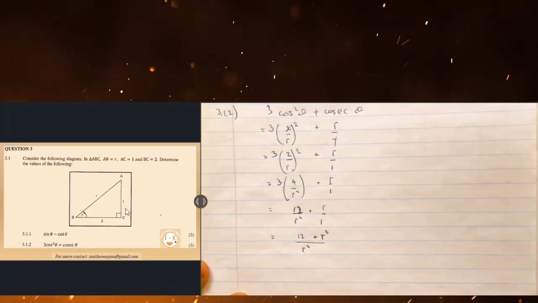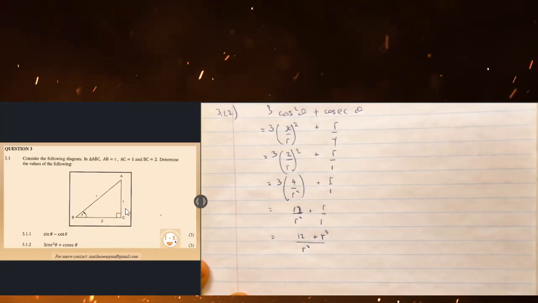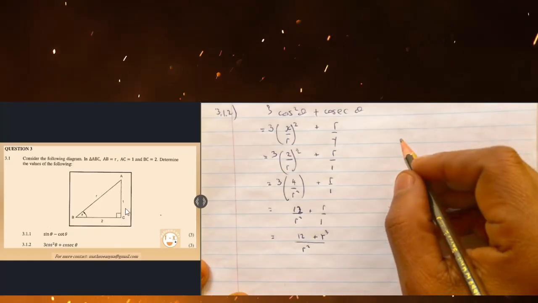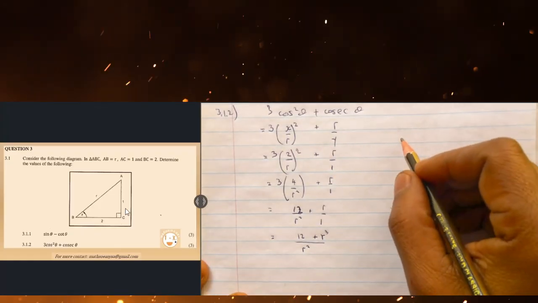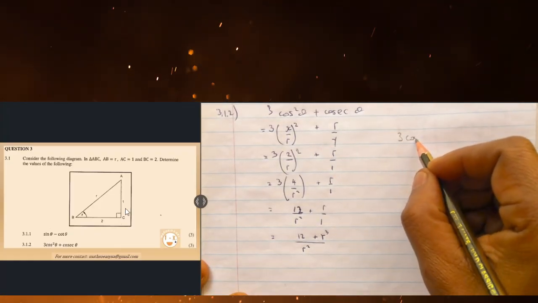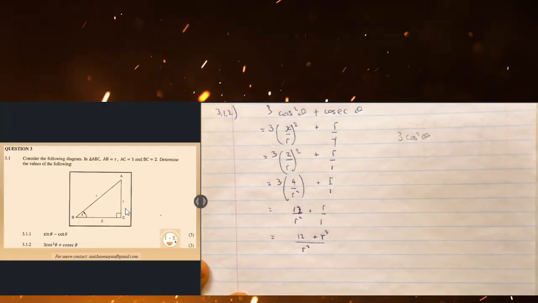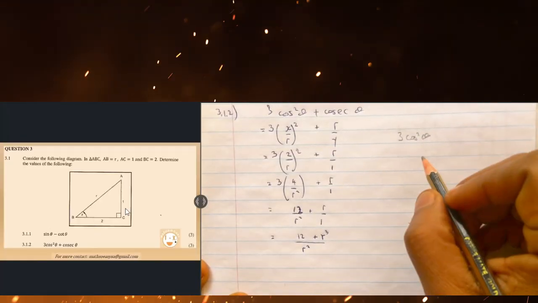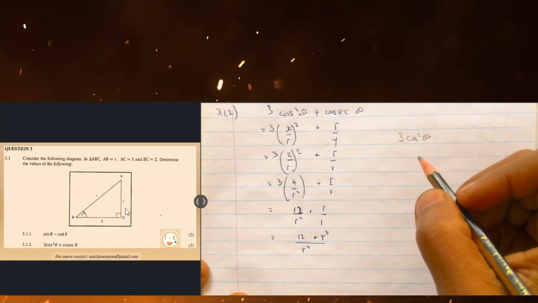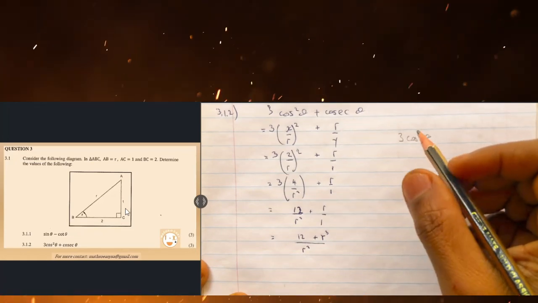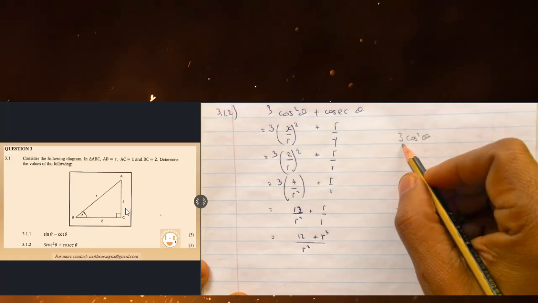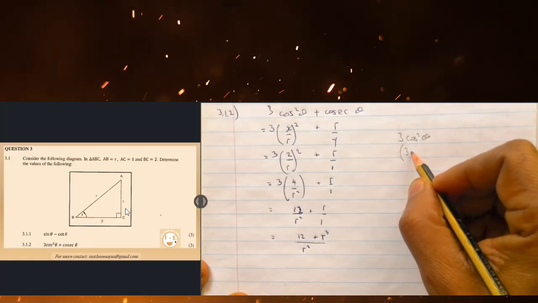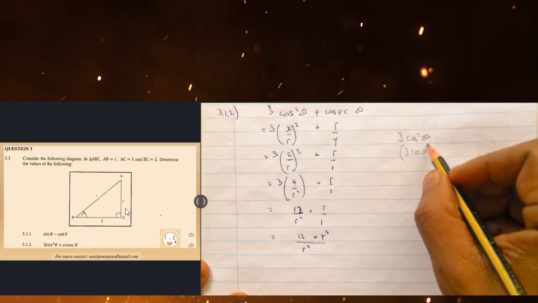Then I said I wanted to address something. One of the things that happen with many learners is that when they convert this into calculation mode, they make this mistake. They say 3 cos theta squared.